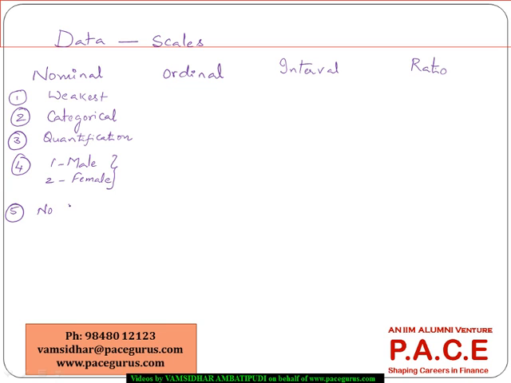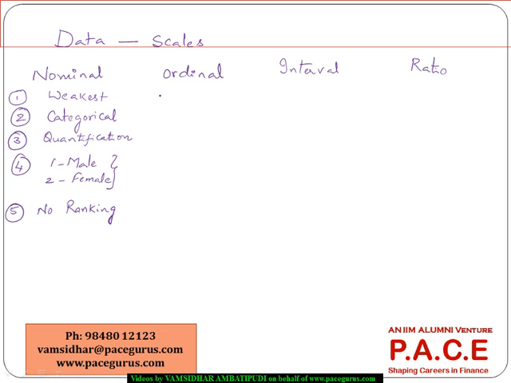So it doesn't mean that 1 is greater than 2, or the items which are marked 1 are better than the items which are marked 2, or vice versa. There is no such kind of a ranking among the data items, among the categories. So such a kind of a scale is what I call the nominal scale of data.